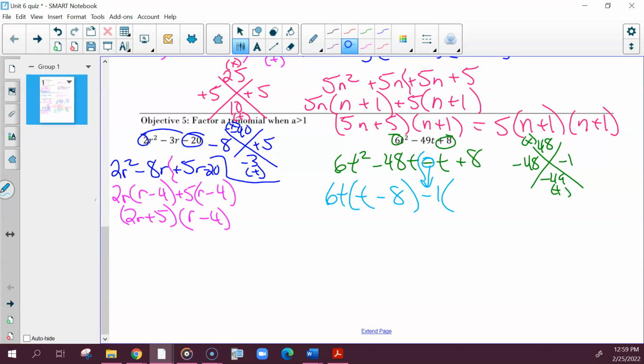And what would be left? Minus 8. So what would the final factors be? 6t minus 1 and t minus 8.